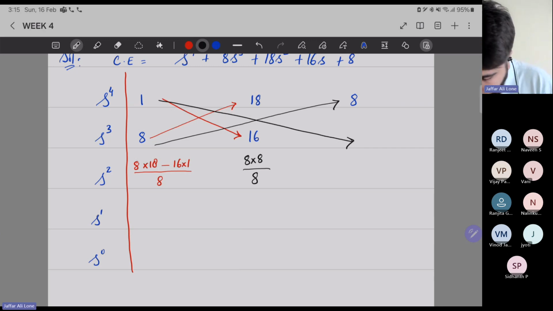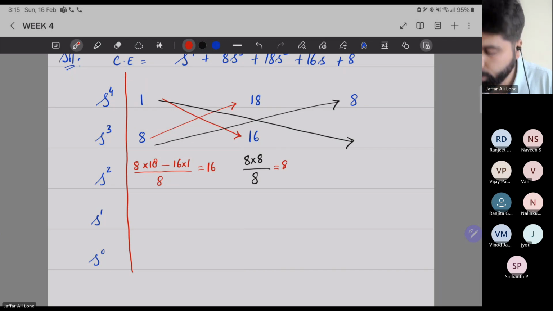Okay, so if I solve it, this is 8 into 18 minus 16 over 8, it will be 16. Similarly, this will be 8. Correct? So now I have to populate this s^1, right?